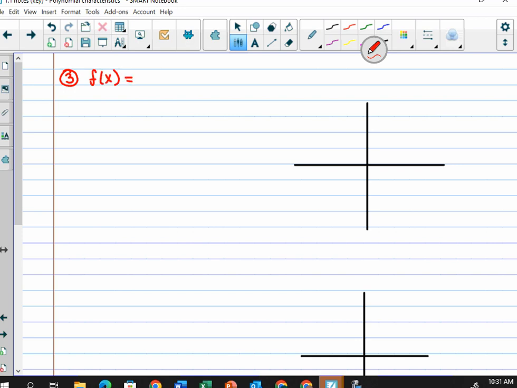All right, your function is x plus 3 squared times x minus 4 cubed. You guys are trying this one, so I'll give you a minute here. Go through the same steps: degree, x-intercepts, multiplicity, y-intercept, okay?